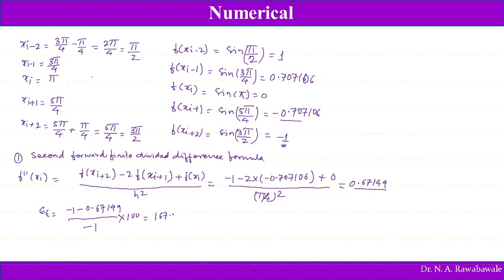True value minus approximate value divided by true value. True value is minus 1. So therefore this will be 1 minus 1.67149 divided by minus 1. That is 1.67 into 100, 167% error. So that error is very large.